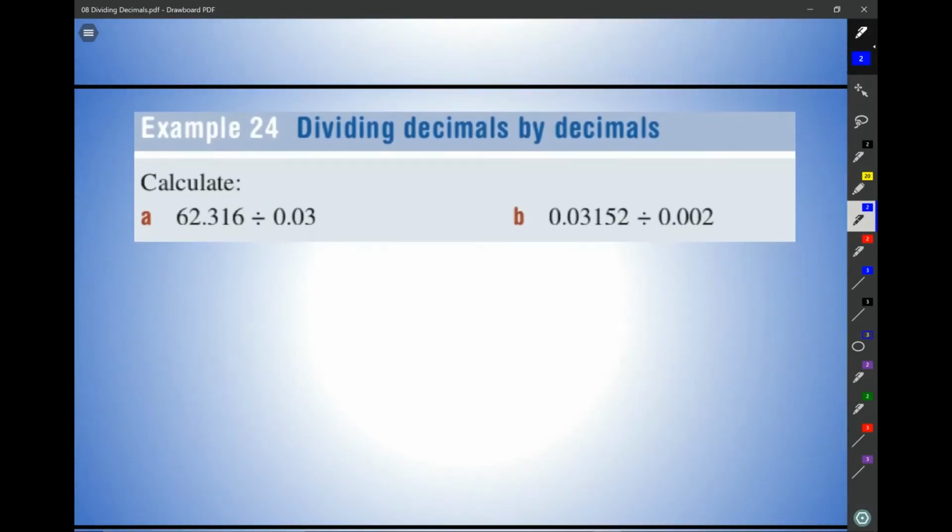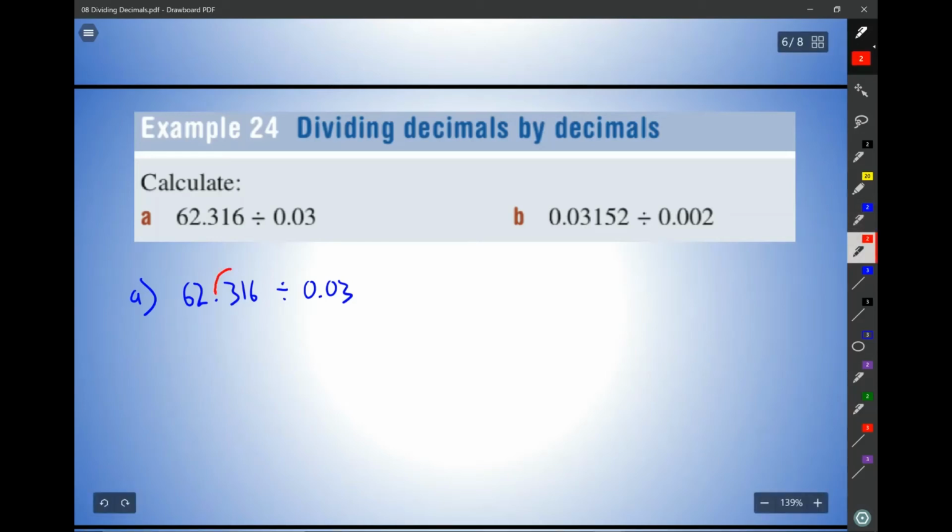Now, there's another trick we need to learn here. What happens when we have 2 decimals? A decimal divided by another decimal. Well, what we do here is we just jump our decimal points until we can make a whole number.